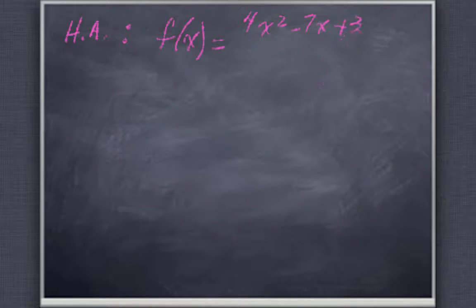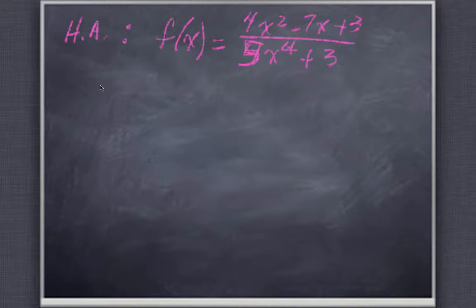You could kind of solve for them in the same way, but we really consider them differently. So horizontal asymptote, let's say, for example, that we had the function something like that.